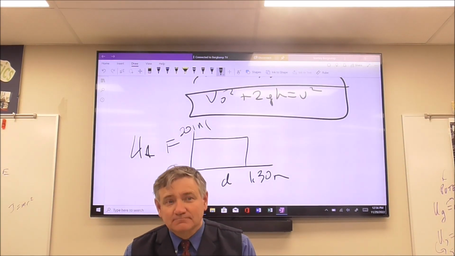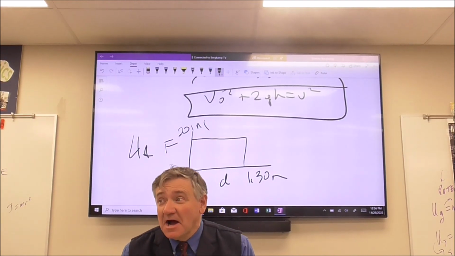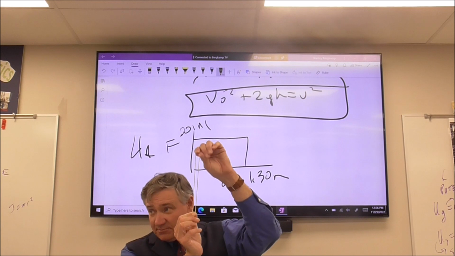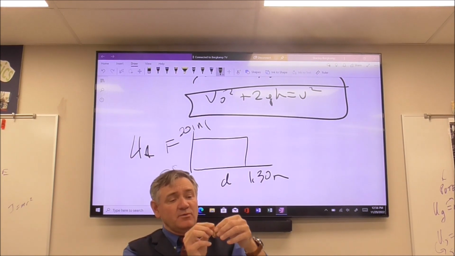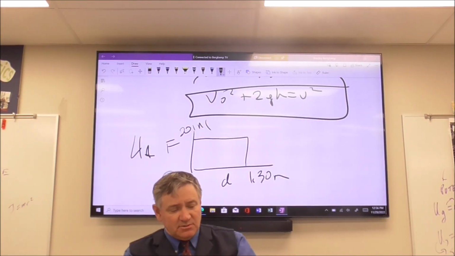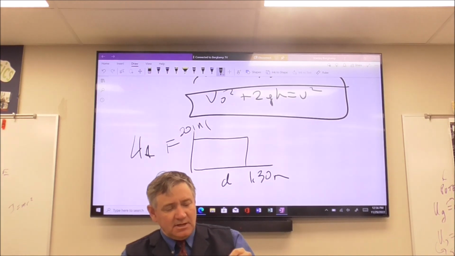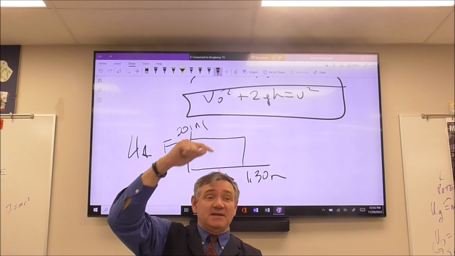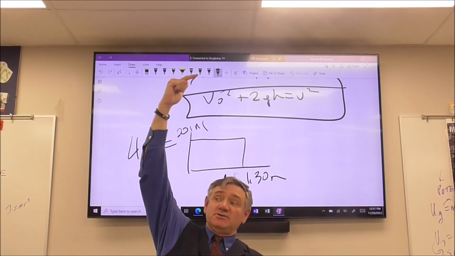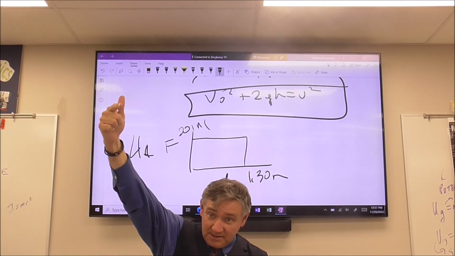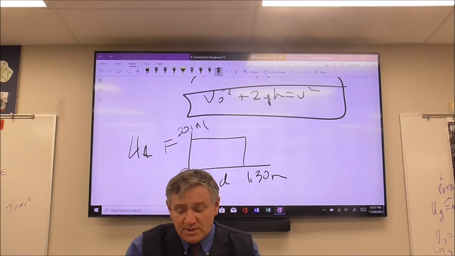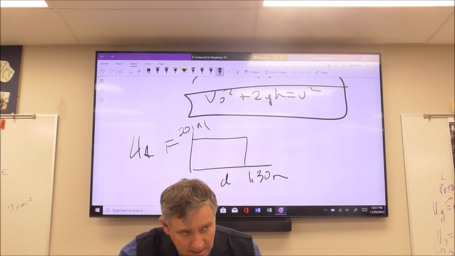Then that work is going to be stored as energy. As soon as you let go, what's going to happen to the energy stored in the bow? It's going to change into kinetic energy, and then that kinetic energy is going to change into potential energy at the top. So on number 4, all you're doing is changing types of energy.